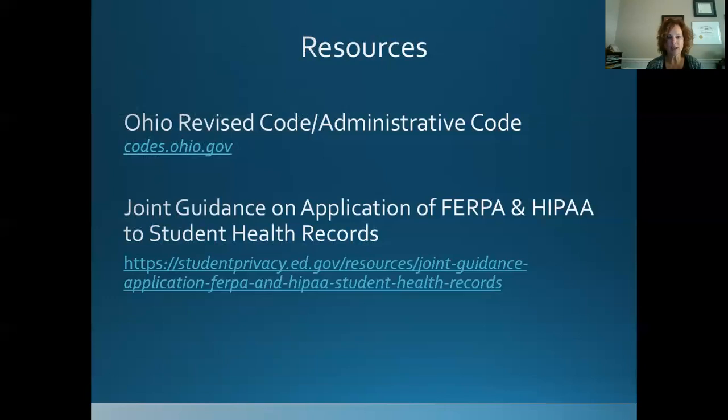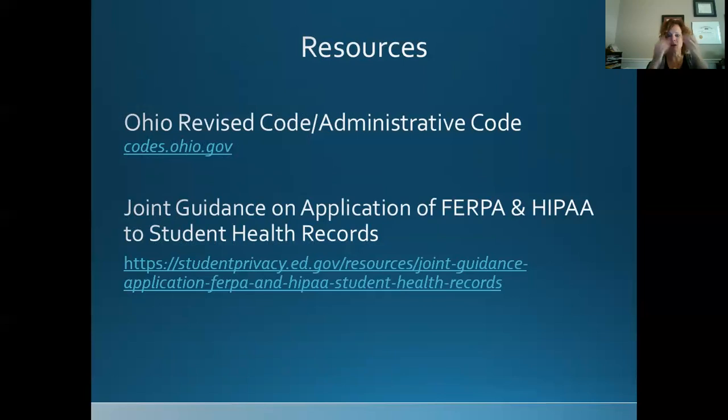And then lastly, what I have there is a link to that joint guidance. I'm not sure if I mentioned this earlier on, but FERPA and HIPAA's application to student health records is the subject of joint guidance that was put out by SAMHSA and the Ohio Department of Education, different from that guidance that was put out in terms of the parent access issue.